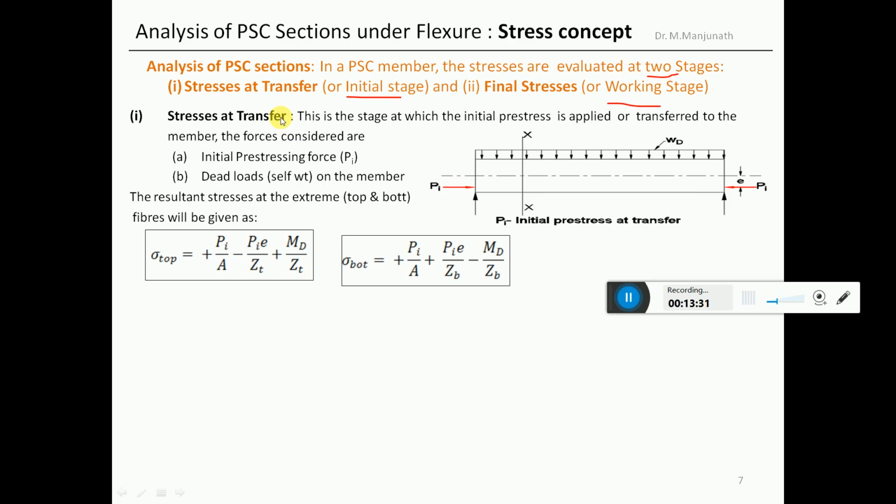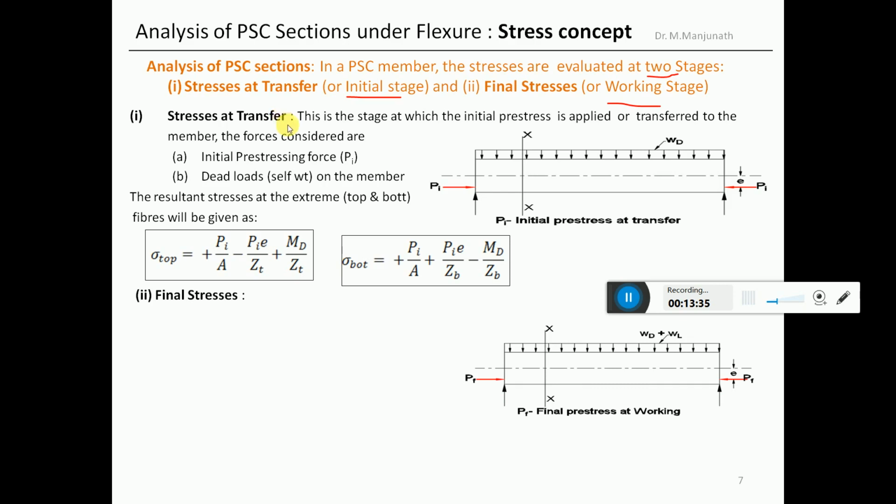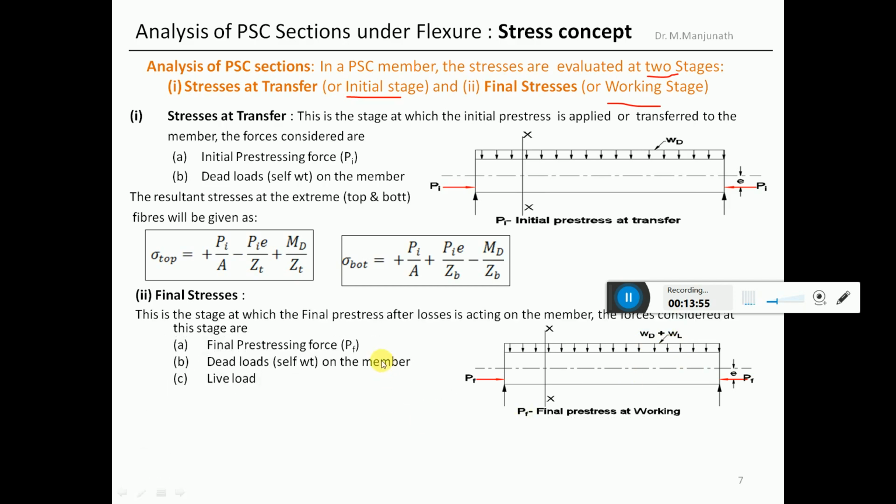Now when we go to the working stage or the final stage, the prestressing force is now the final prestressing force, which is after undergoing all losses. And now in addition to dead load, the live load acting on the member is also to be considered. So the forces acting are final prestressing force, dead load, and live load.